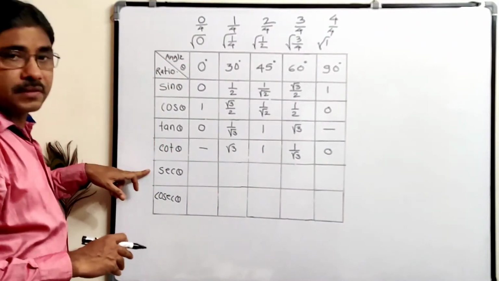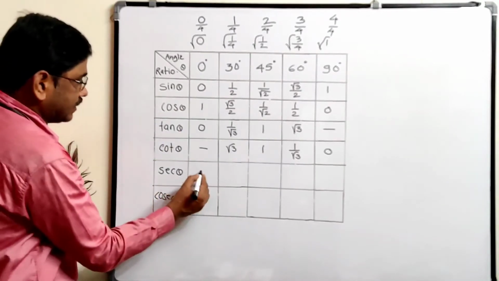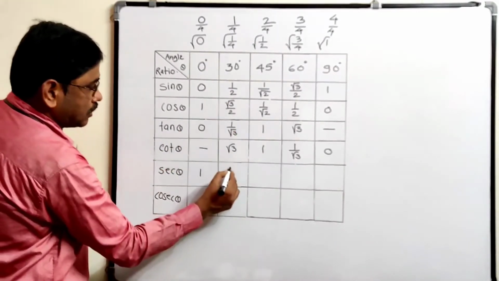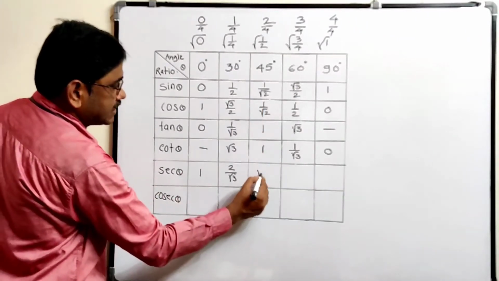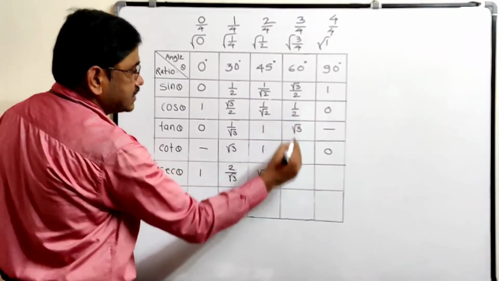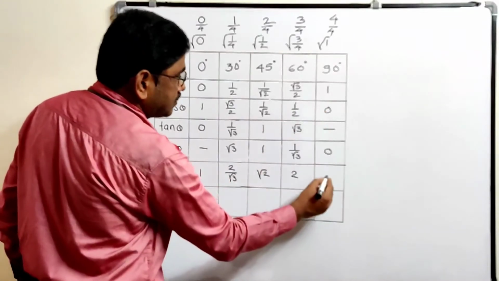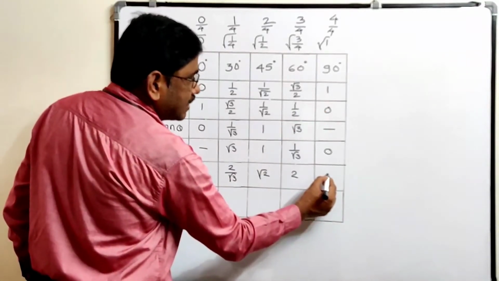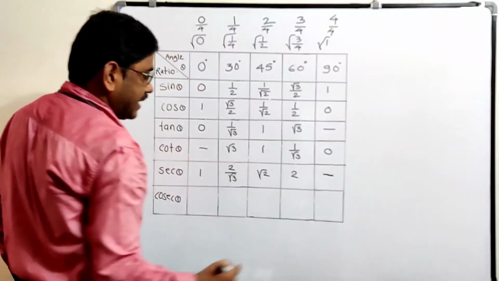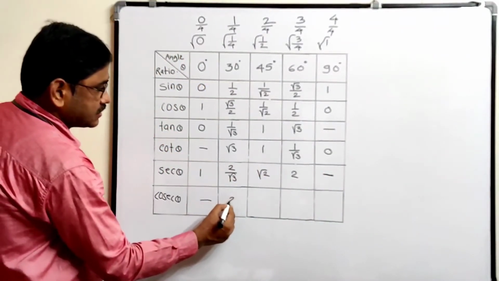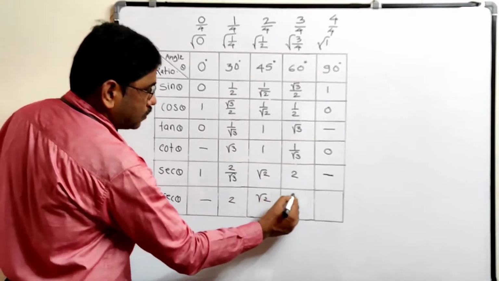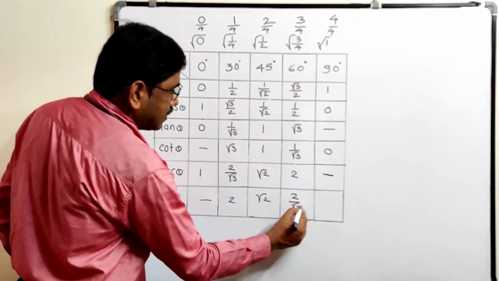The reciprocal of 1 is 1. The reciprocal of this is 2 upon root 3. The reciprocal of this one is root 2. The reciprocal of this one is 2, and the reciprocal of 0, divided by 0, has no meaning, so undefined. So for cosec write in reverse: dash, 2, root 2, 2 upon root 3 and 1.